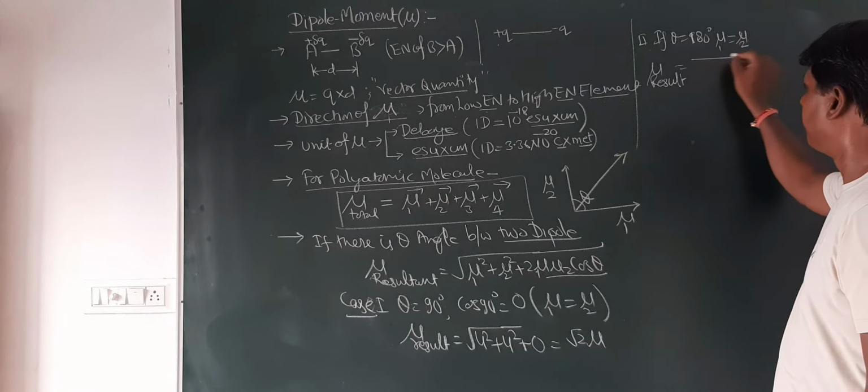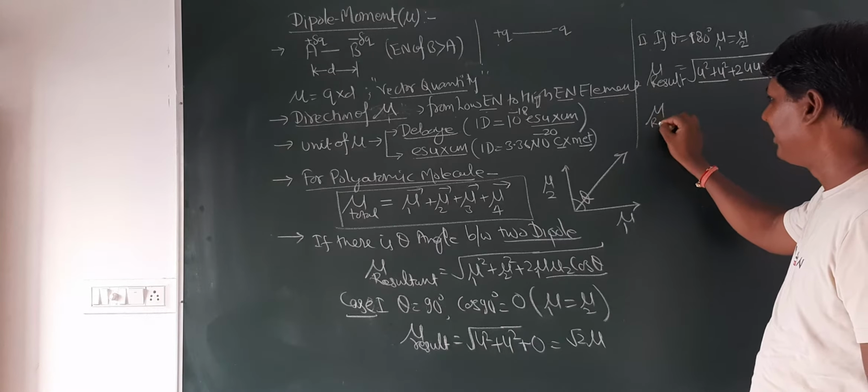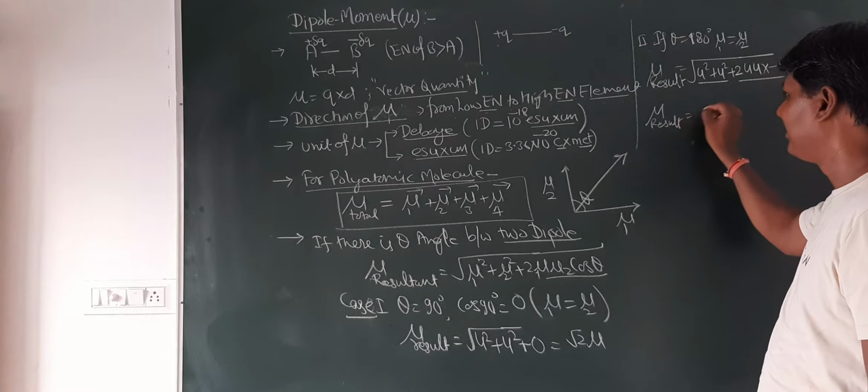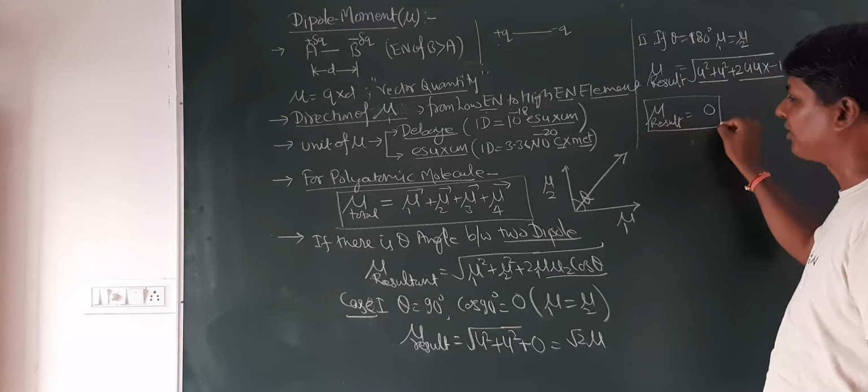Cos 180 degree is equal to minus 1. So we put in the value: this 2 mu square and this minus 2 mu square. The resultant will be what? This will be 0. Okay.